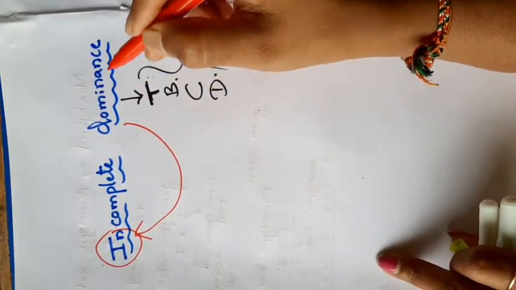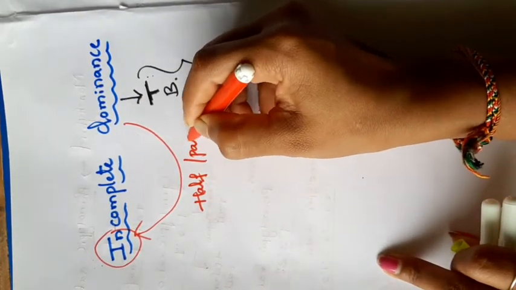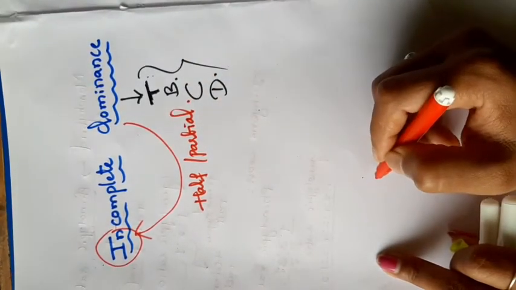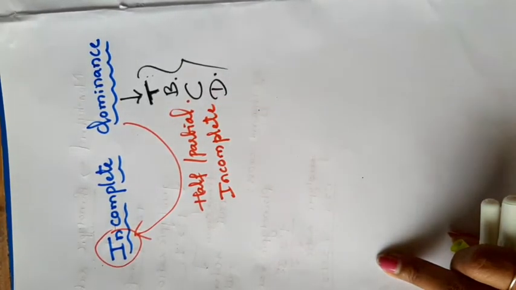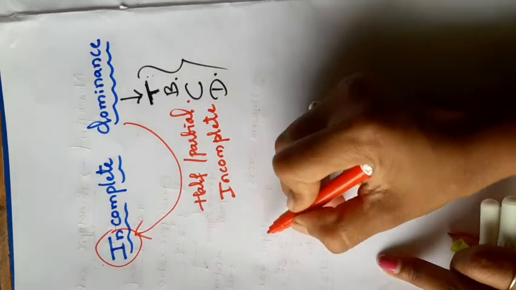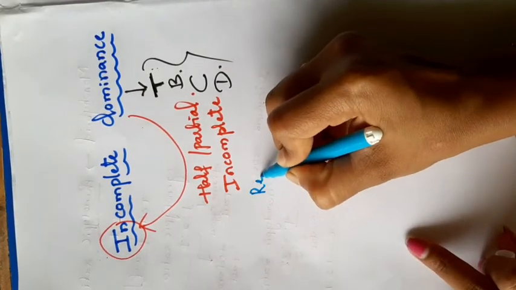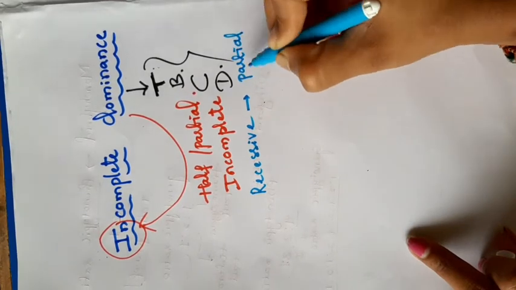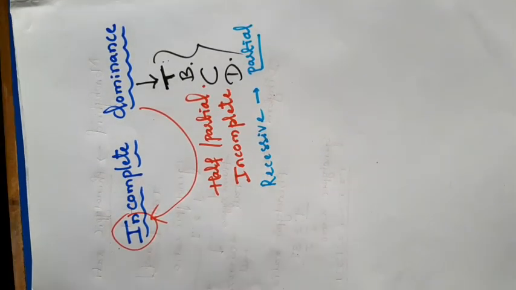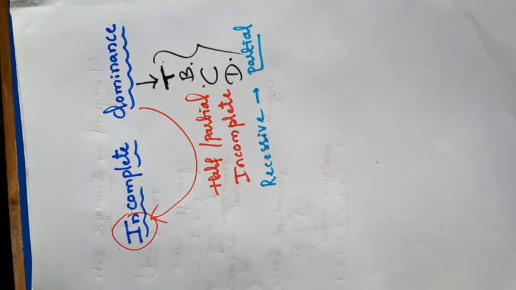The dominant gene expresses partially, or half, or incompletely, because the other gene present with the dominant gene, that is the recessive gene, is also expressed partially. Here in incomplete dominance, both the recessive and dominant characters are expressed partially.